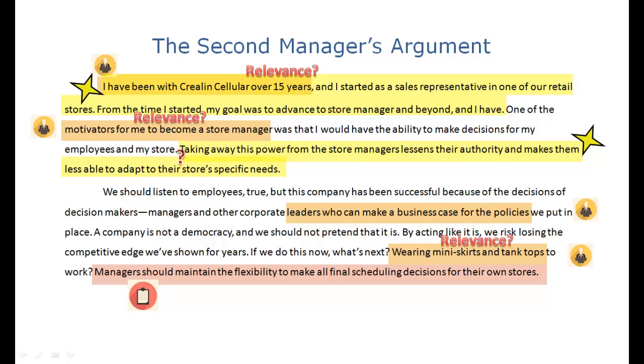There's what I call a disconnect here. He wanted to make decisions for a store. Yes, but does that mean that letting employees vote on one policy isn't the right choice to make? Surely a manager makes many other crucial decisions for a store. I just don't see that his early history with the company is relevant here.